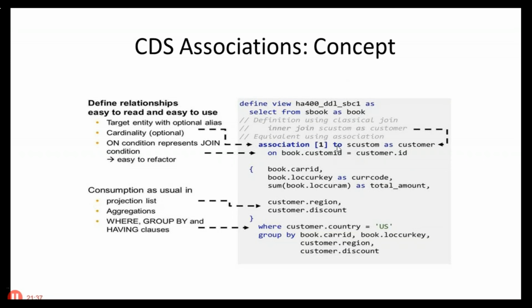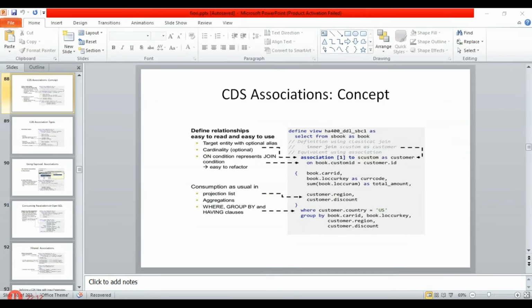ASSOCIATION 1 TO scustom AS customer ON book.customid = customer.id. Book.carrid, book.localcurrency AS currency code, SUM of book.localcurrency AS total amount. So we are writing book.localcurrency key. What is book? It's the alias name. You don't want to write the long table name; you can just use the alias name.